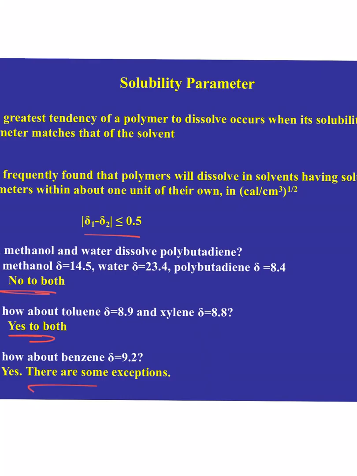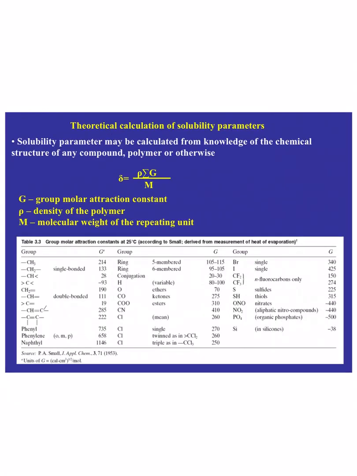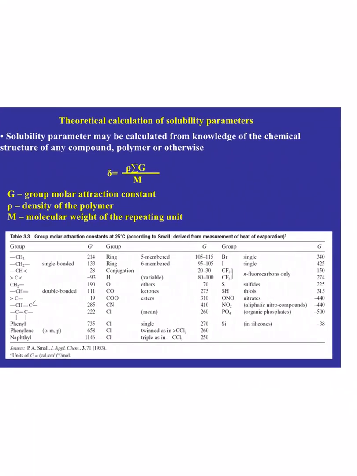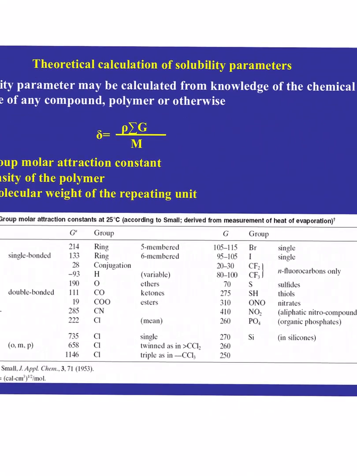So we're looking at delta matching, basically, between solvent and polymer, and using that to predict whether something will dissolve. And then the homework problem you'll see shortly involves calculating that based on this table 3.3. As you work through those problems, make sure you get a handle on using table 3.3.